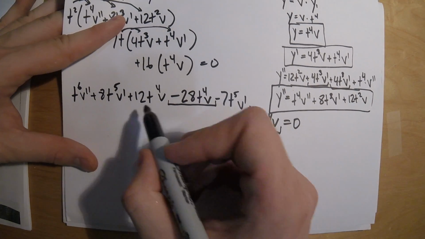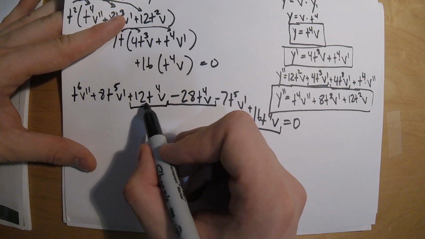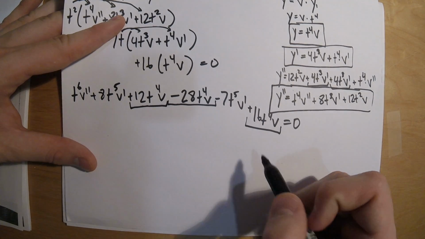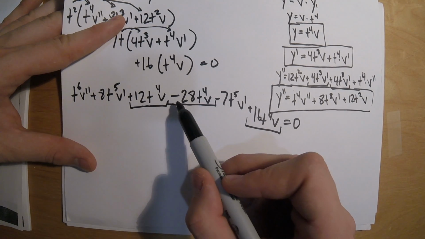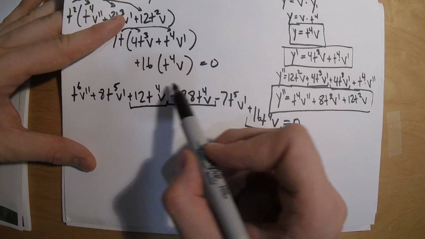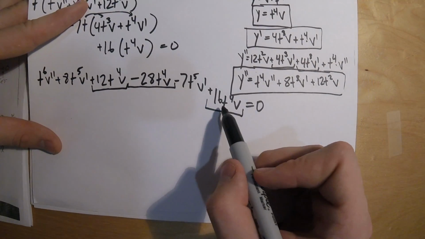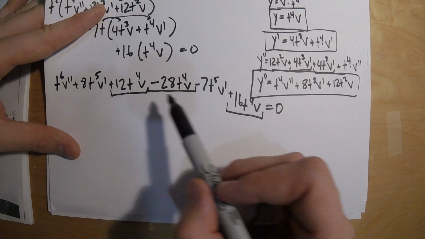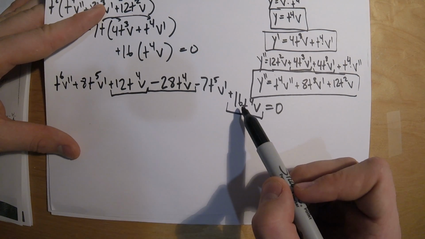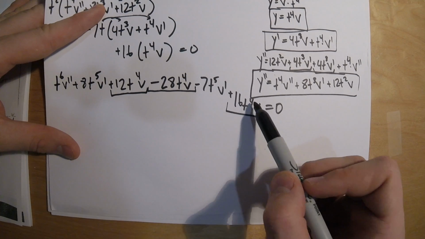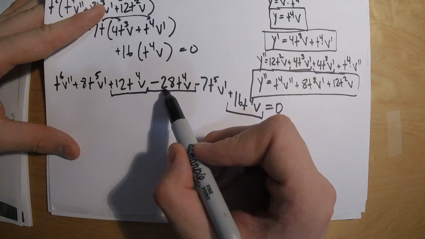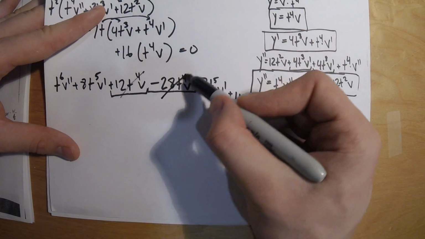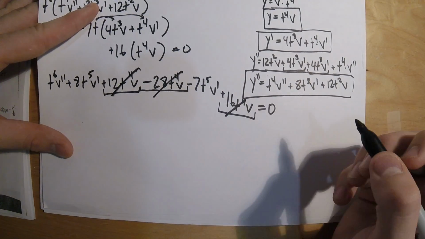And we also have this 12t to the fourth v. So what's the sum of 12t to the fourth minus 28t to the fourth, and the 16t to the fourth? Well, the sum of that is 0, right? Because 12 plus 16 is positive 28t to the fourth, and then we have a negative 28t to the fourth. So that means that these cancel.